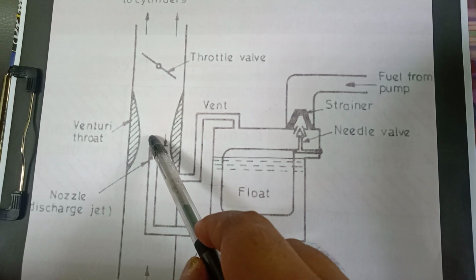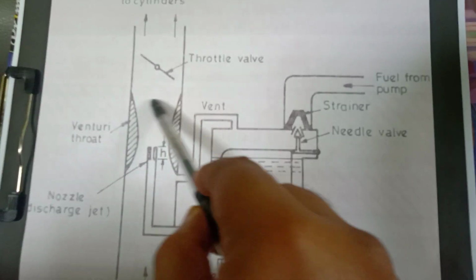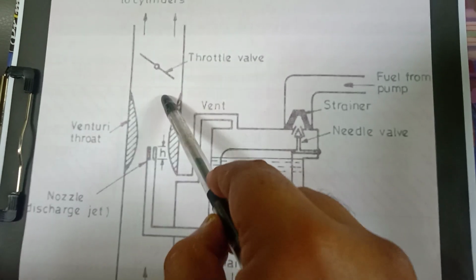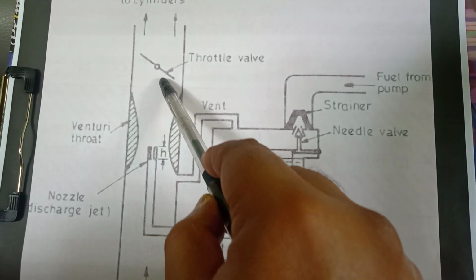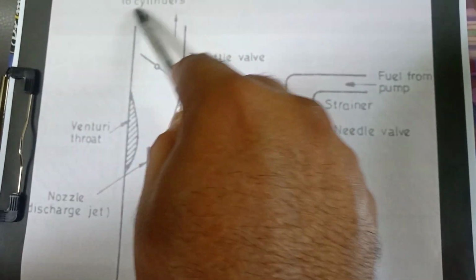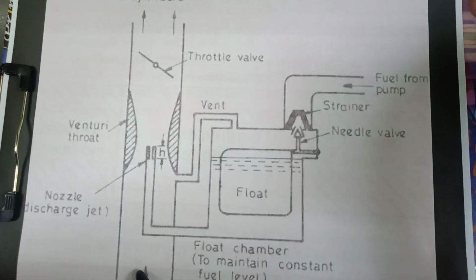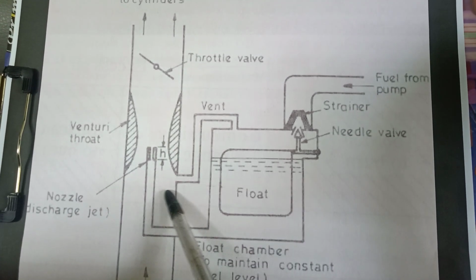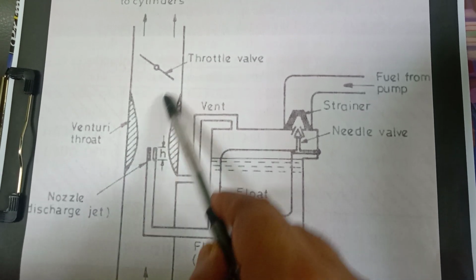The incoming air and fuel get mixed, and this mixture forms a charge. This complete air fuel mixture charge passes through this butterfly valve and goes to the inlet of the cylinder, where it burns. So this is how the air fuel mixture is formed in the simple carburetor and sucked into the cylinder.